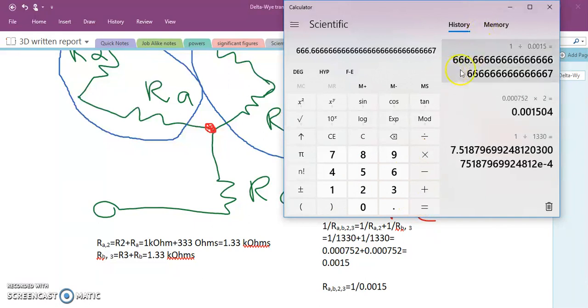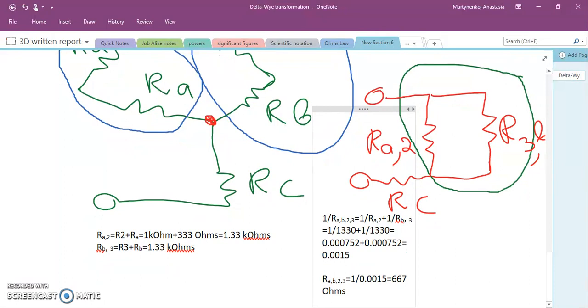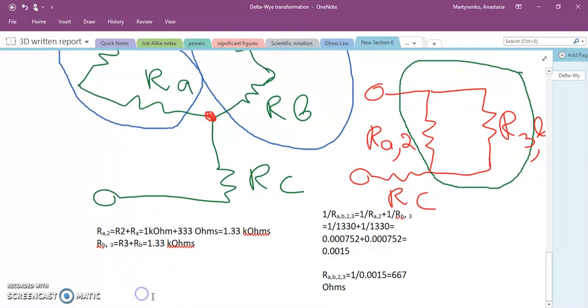And that number is 667 ohms. Okay, fair enough. This should be a more or less correct answer since it's smaller than the smallest branch and they're both equal. So now I can finally redraw my circuit one last time.